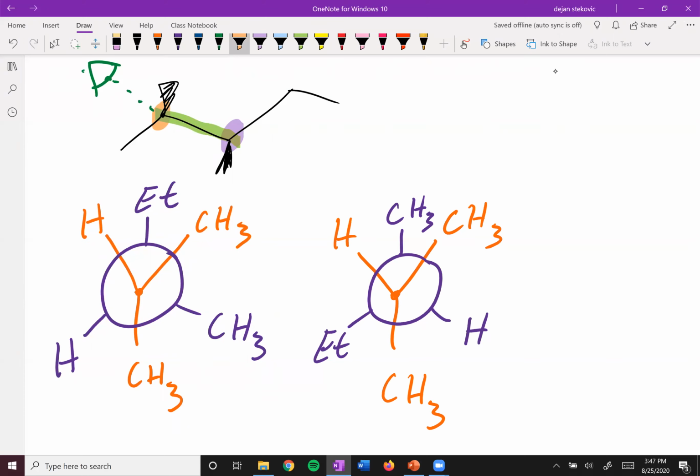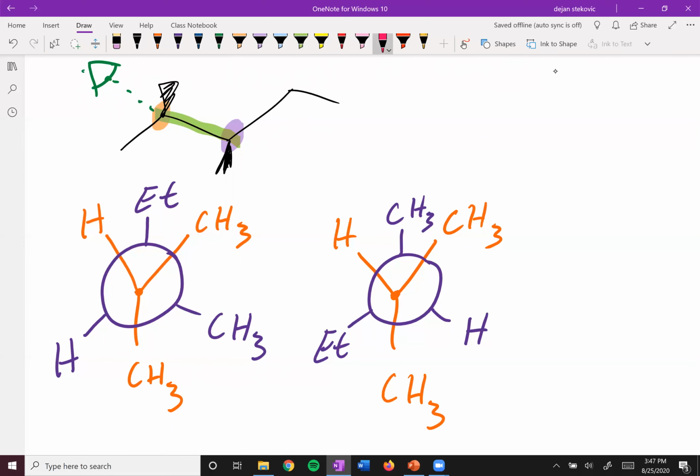And so we can see here that we still have our ethyl anti to one of these CH3s. We still have one gauche interaction between this ethyl and this methyl, and still one gauche interaction between these two methyl groups. However, now we've got a better interaction here. We've got this CH3 next to H, whereas before this CH3 was wedged between two big groups.